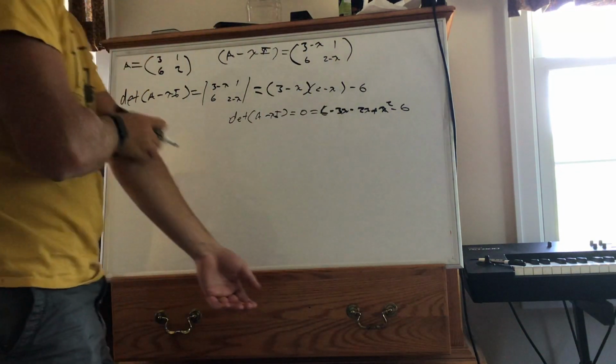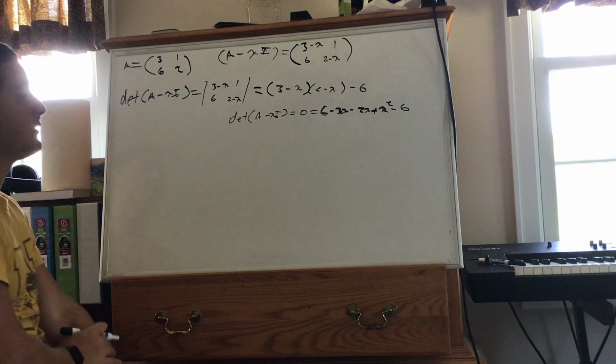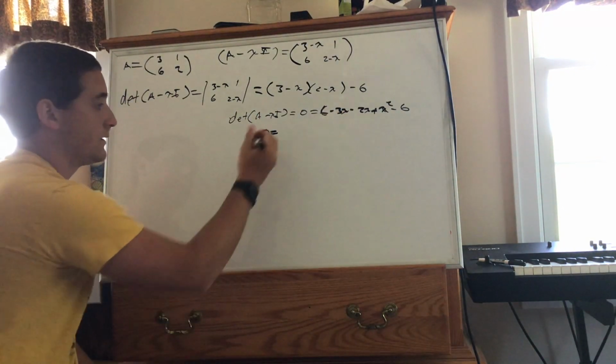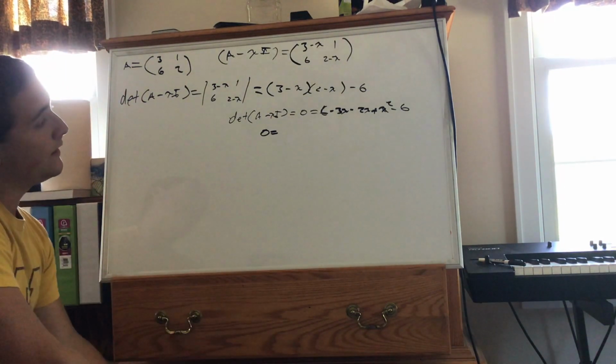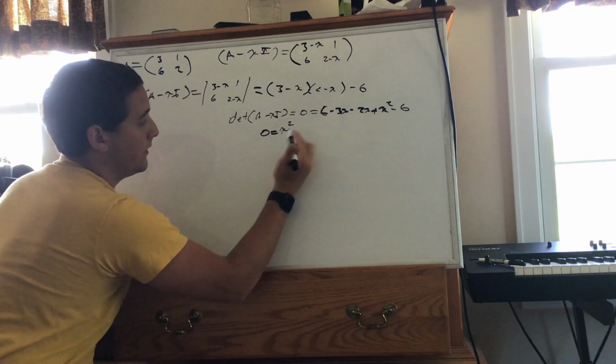Now we combine like terms. 6 minus 6 is 0. Negative 3 lambda minus 2 lambda is negative 5 lambda. And then we have lambda squared.